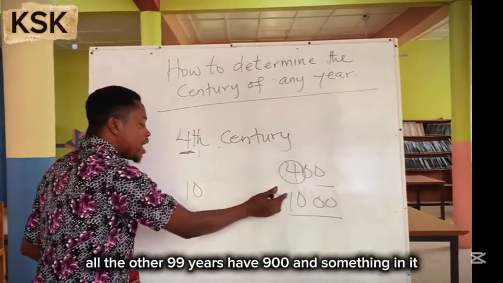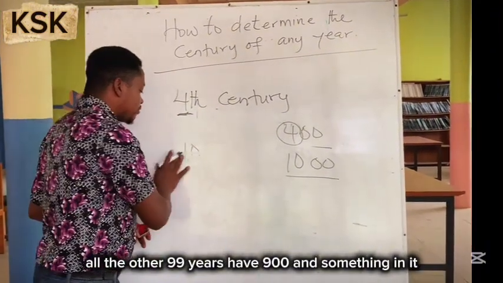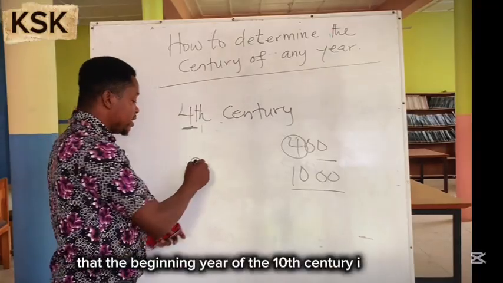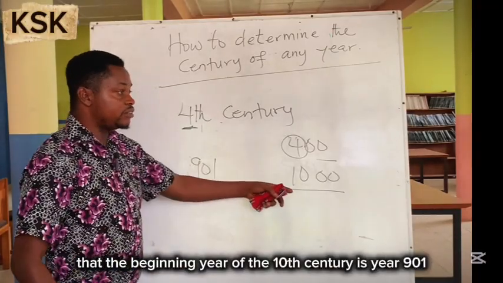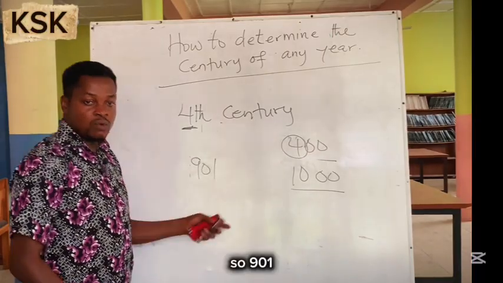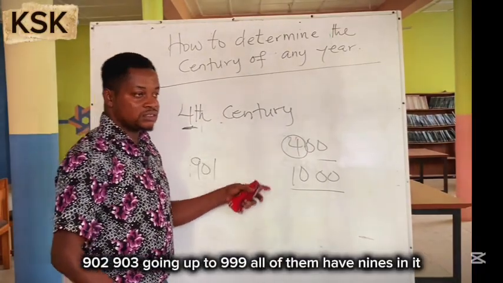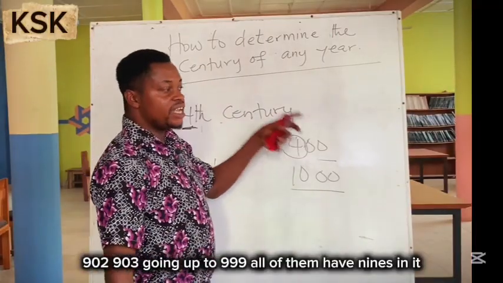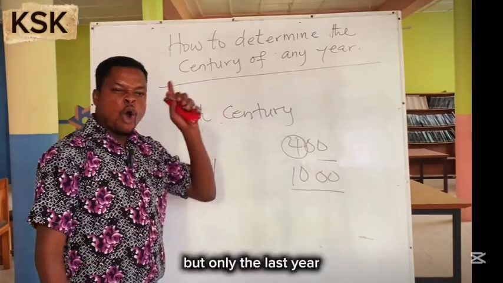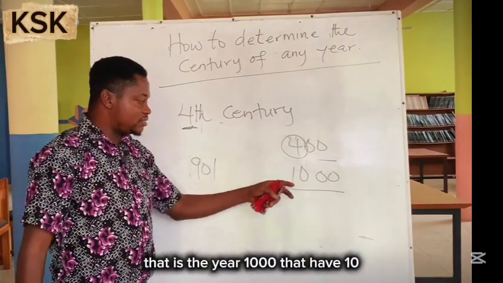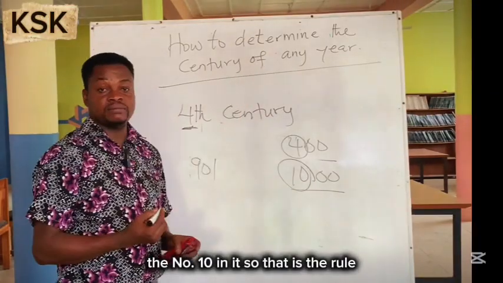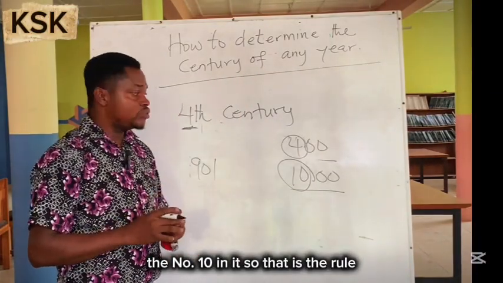Apart from that, all the other 99 years have 900 and something in it. So the beginning year of the 10th century is 901, then 902, 903, going up to 999. All of them have 9s in them. But only the last year, year 1000, has the number 10 in it. So that is the first rule.